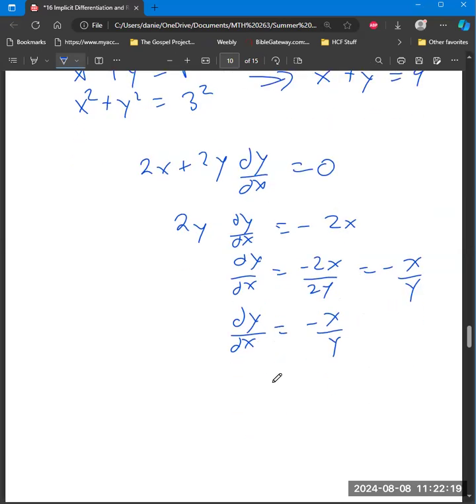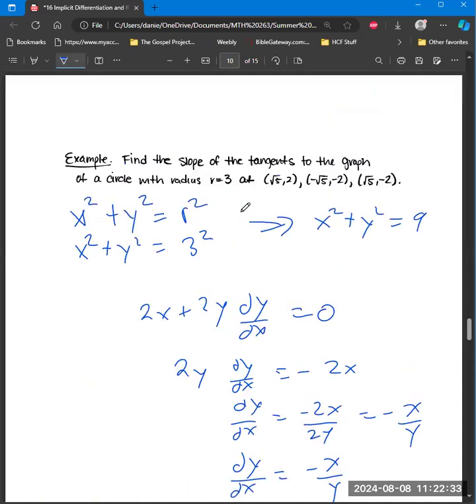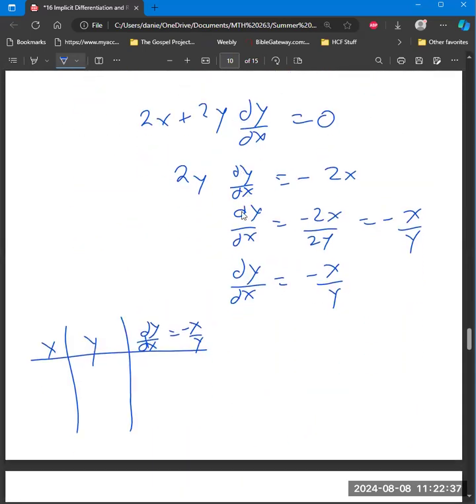So I'm going to have x, going to have y, and I want dy/dx, which is given to me as negative x over y. So my xy ordered pairs were (root 5, 2).